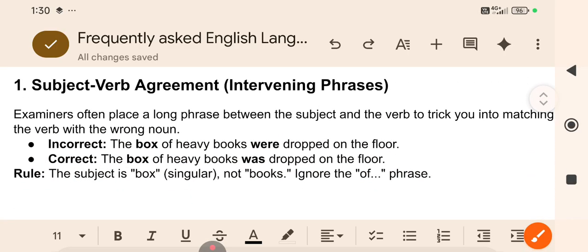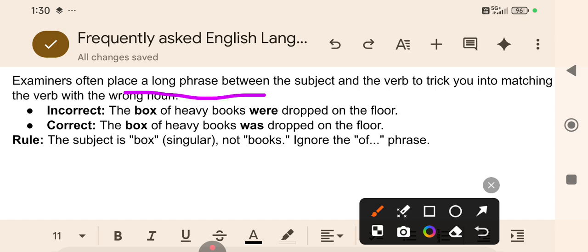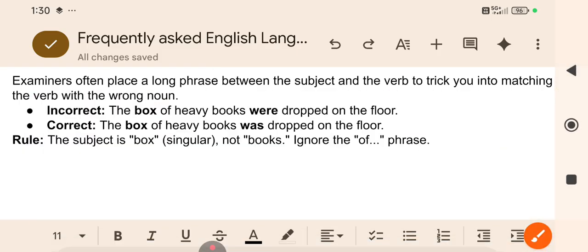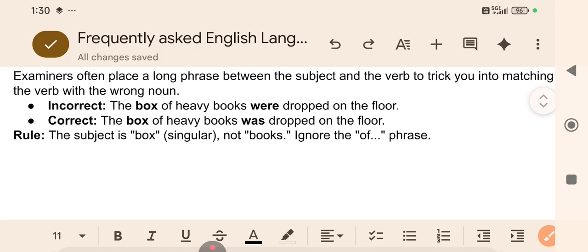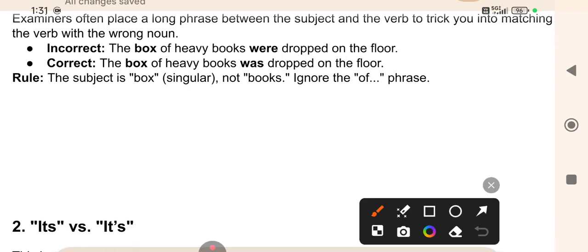So here, subject verb agreement with intervening phrases. Examiners often place a long phrase, mind you, between the subject and the verb to trick you into matching the verb with the wrong noun, right? Incorrect sentence: the box of heavy books were dropped on the floor.